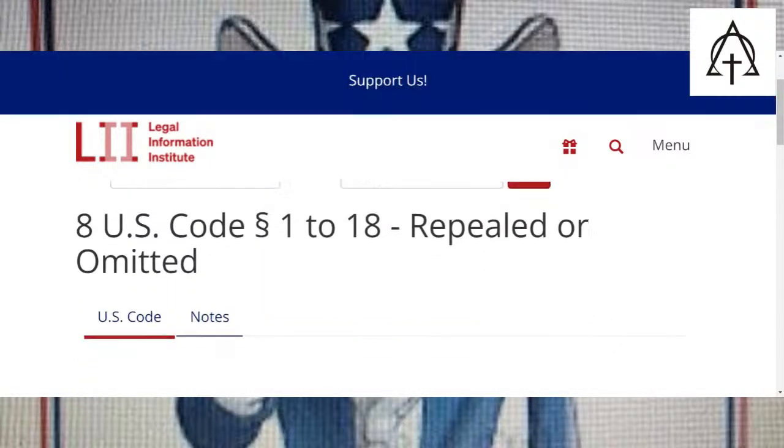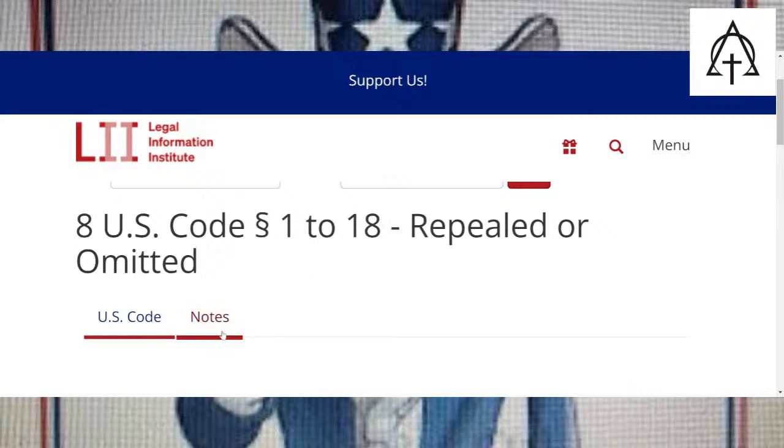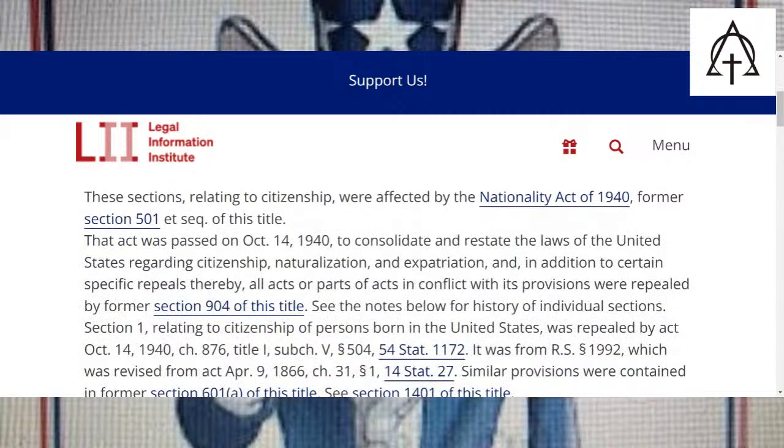So we click on it, and it brings up the next one. It says repealed or omitted, and then it's got the notes. So we click on notes. It says these sections relating to citizenship were affected by the Nationality Act of 1940, former Section 501 of this title.